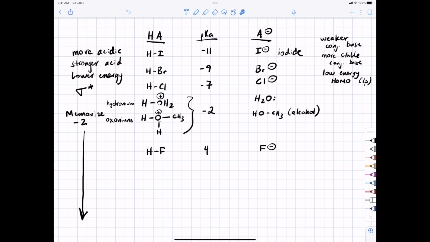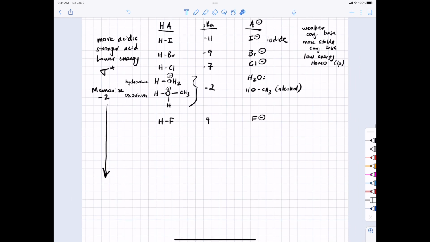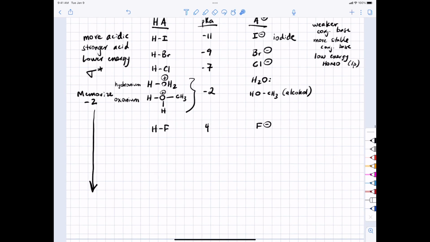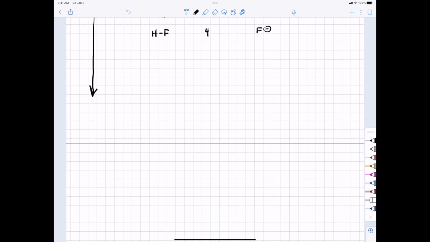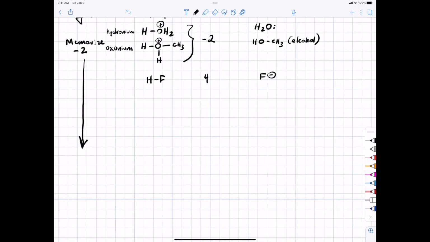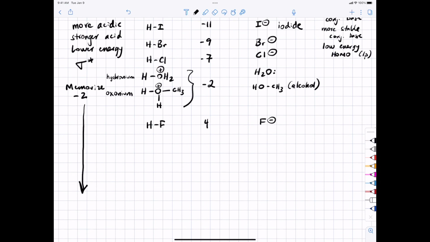You're noticing that among the halides, HI is -11, HBr is a factor of 100 less acidic, HCl another factor of 100 less acidic, and then boom, HF, almost 100 billion times less acidic, right? That's a pretty big difference. So we can talk about the differences between HF and HI and HBr.